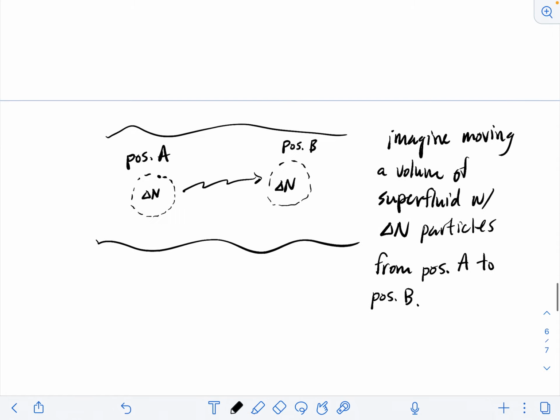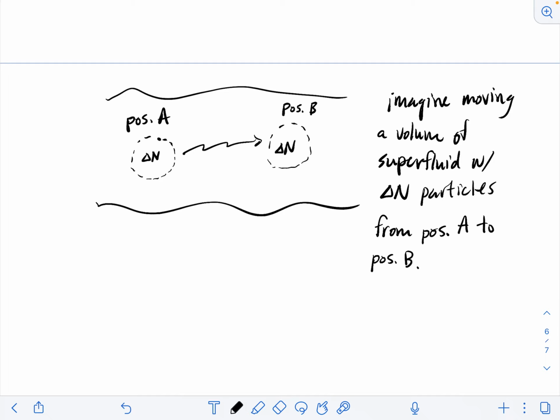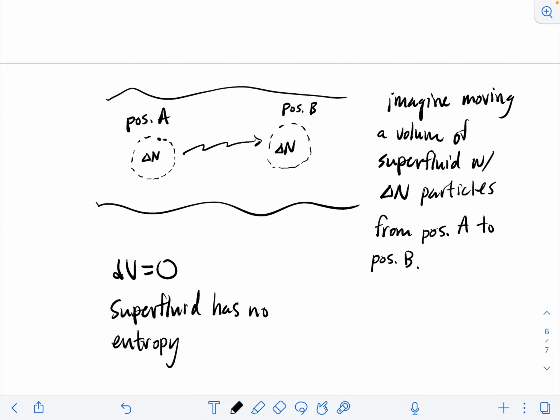And so we can make note of a few things right away. If this is a fixed volume, then delta V is equal to 0. And our superfluid has no entropy. We saw experimentally that the superfluid carries no heat, because it was going to flow from a cold region to a hot region, and so it can't carry any heat because that would violate another law of thermodynamics. And so dq is TdS, and so if dq is 0, then dS is 0.